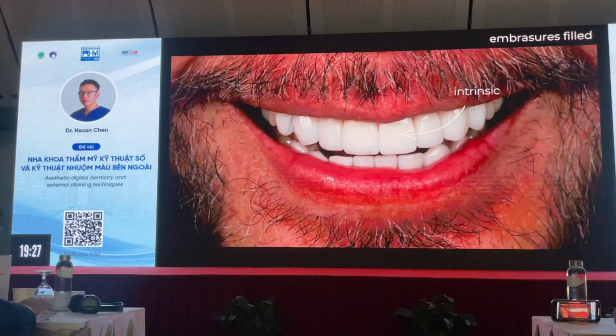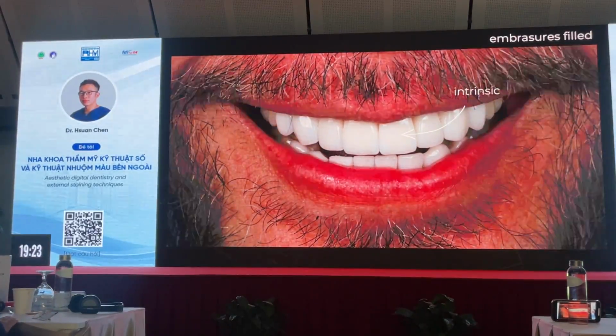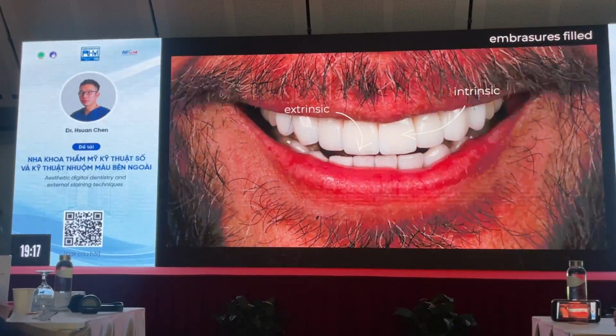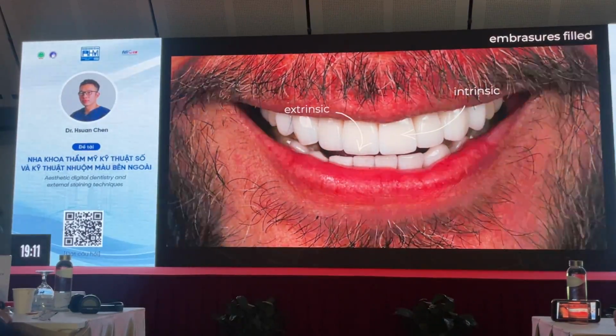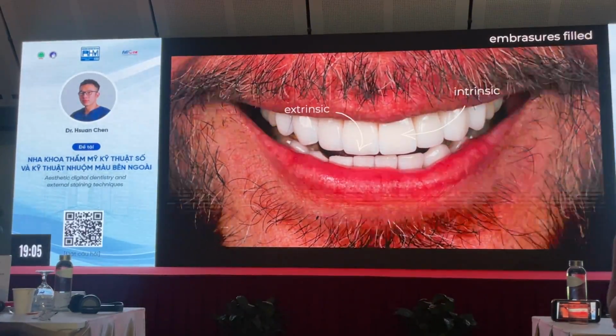We have intrinsic translucency, so this is the actual color and translucency of the ceramic. And then we also have very, very slight extrinsic staining that we did to make it look more realistic. Now I know that he chose very white teeth. It's very difficult to make really white teeth look natural, but we do what we can with the extrinsic staining to make it look as natural as possible.